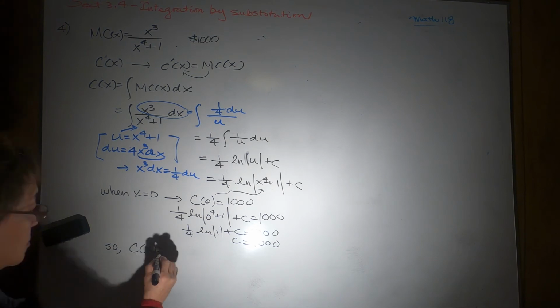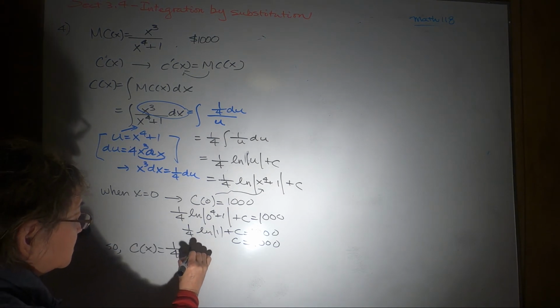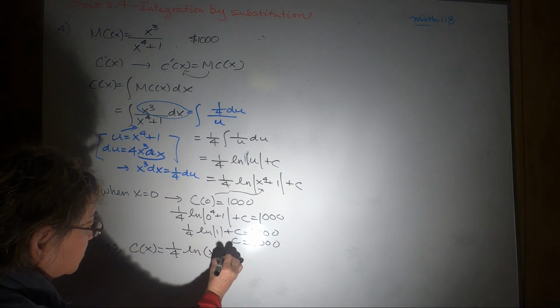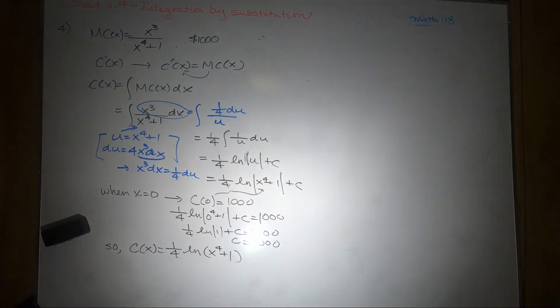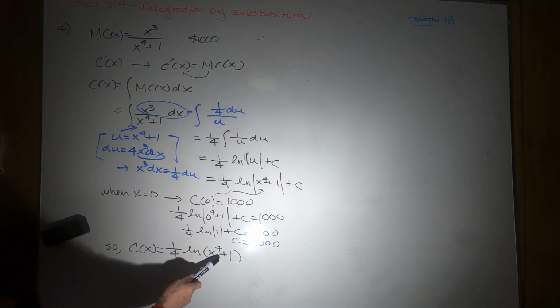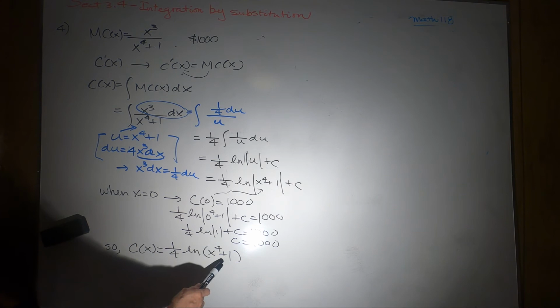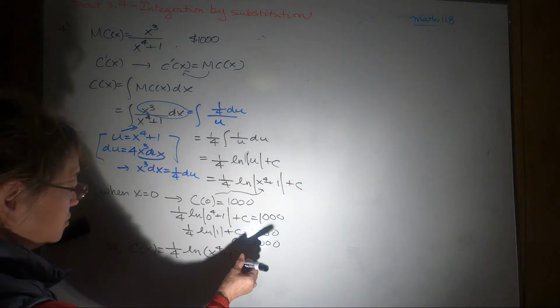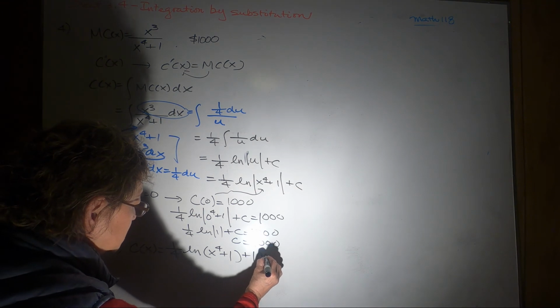right? So that would be 1/4 times natural log. Originally, we need to write x to the 4th plus 1 as absolute value, but they are the same because x to the 4th power is positive. So this guy is always positive. So you can just use the parentheses, or you can use absolute value, plus your c.